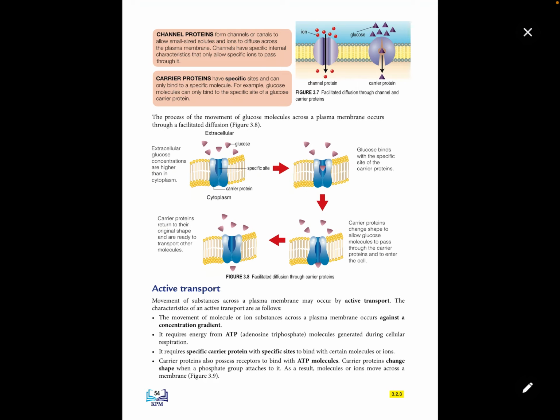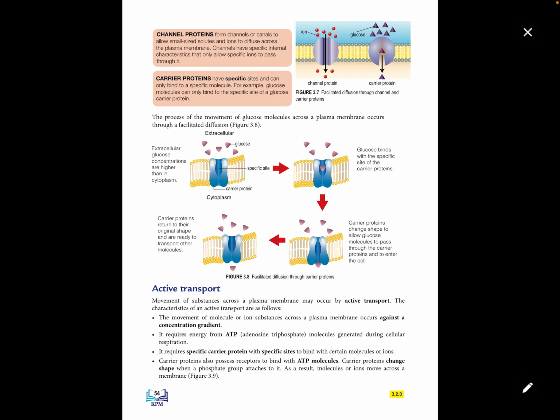For example, channels might allow certain ions, more than one kind of ion, but carrier proteins only allow glucose, for example. This side only allows glucose, and that side only allows something else. So what happens is, at first the bottom part closes.